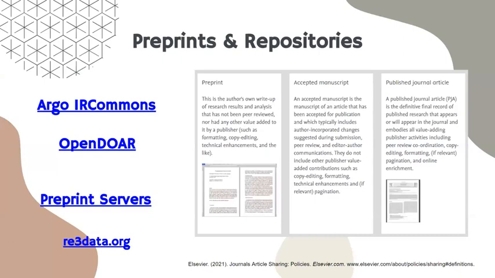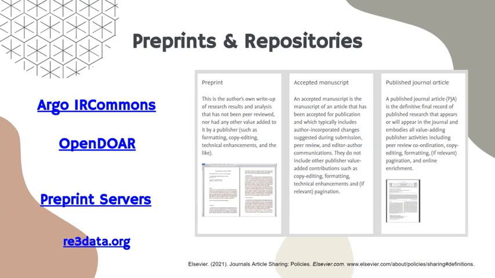Preprints and repositories. It's important to understand that the university has an institutional repository called the Argo Scholar Commons. There are a number of entities that you can put into the repository, including preprints of articles that you've written, accepted manuscripts, and published journal articles.